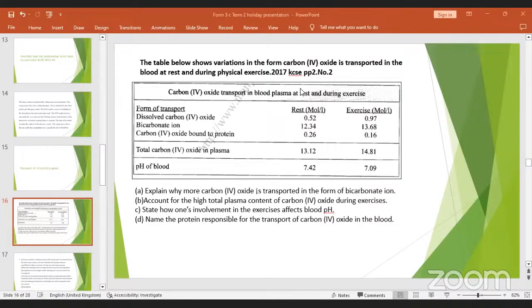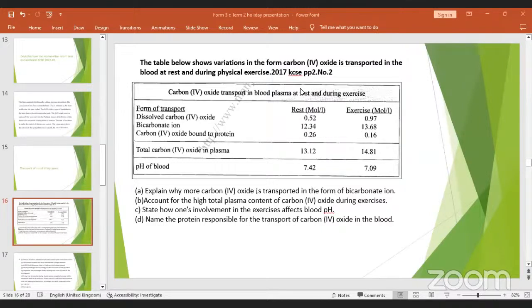Now, weak carbonic acid is not stable. It dissociates, meaning it breaks down, into hydrogen carbonate ions, or bicarbonate ions. That's why you get more bicarbonate or hydrogen carbonate ions because of the work of carbonic anhydrase.